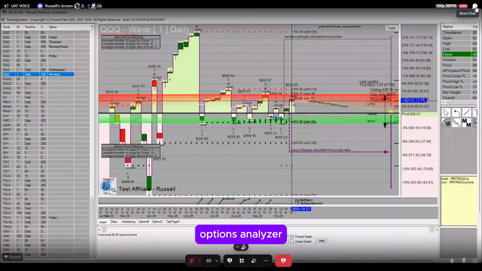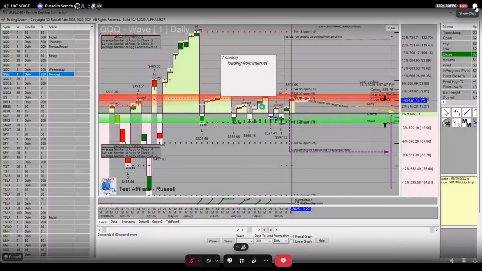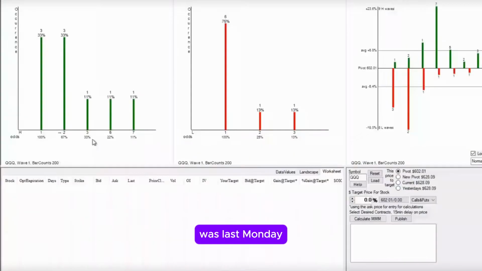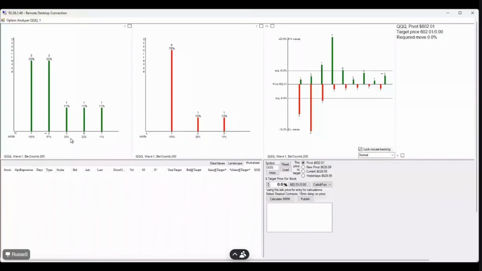If I go to the options analyzer, you can see that on an H2, which was last Monday, we were at 67%. Only 33% of the time do we close above last Monday's close price. So right now there's a 67% chance.